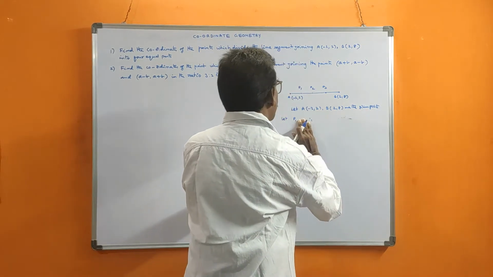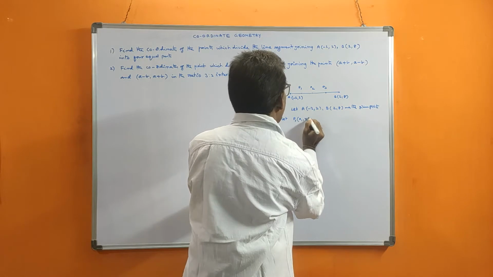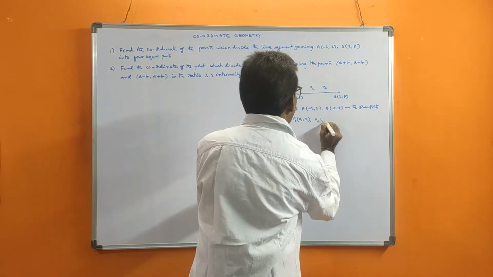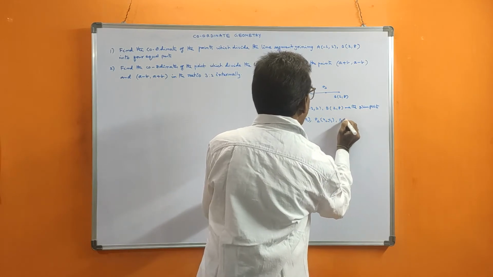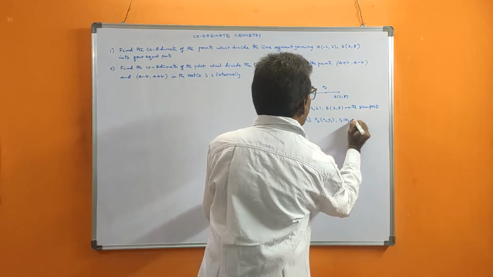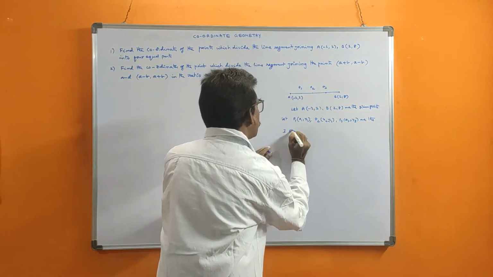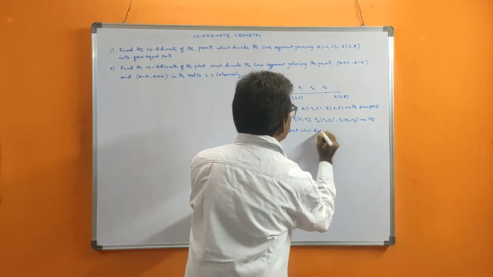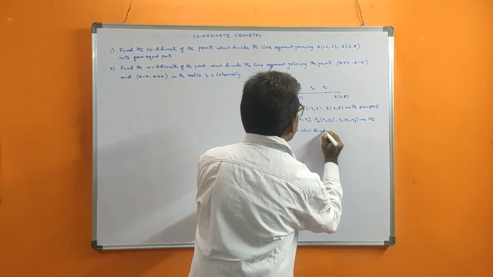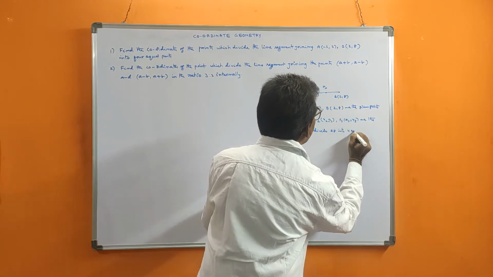Here write also P1 (x1, y1), P2 (x2, y2), and P3 (x3, y3) are the 3 points which divide AB into 4 equal parts.